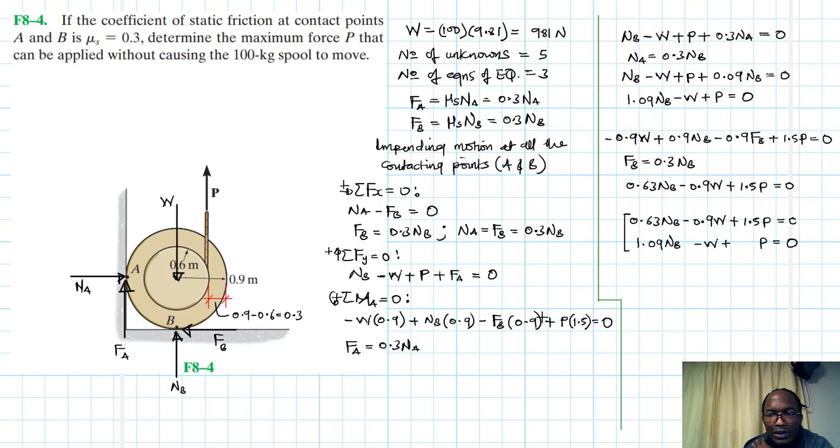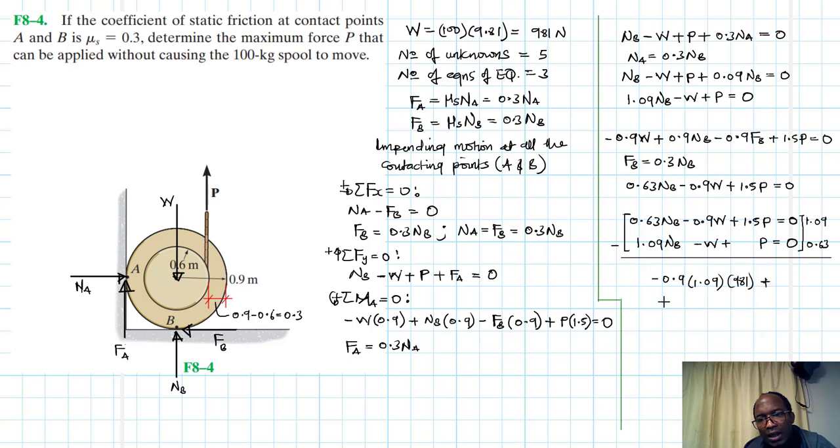So I'll multiply this side by 1.09, this side by 0.63, and then just do subtraction. This is the elimination method, so that we work out this problem.